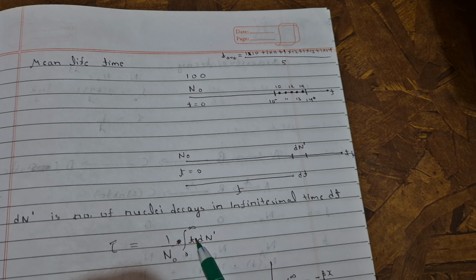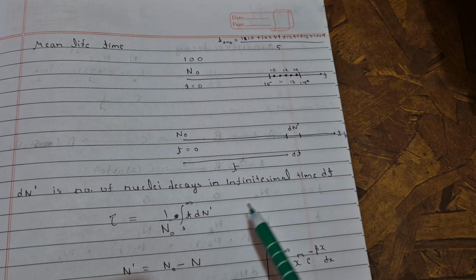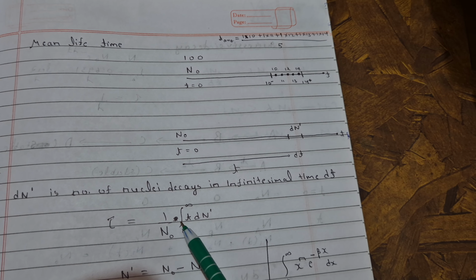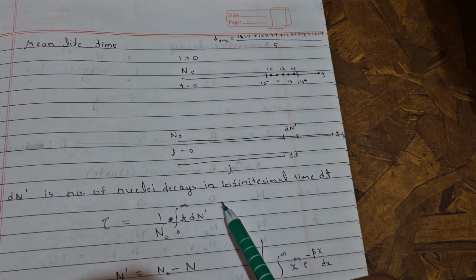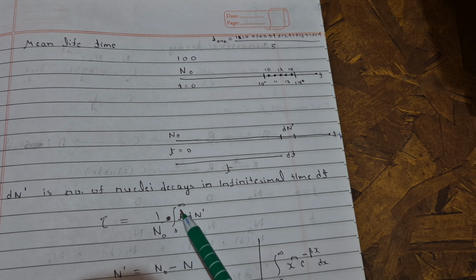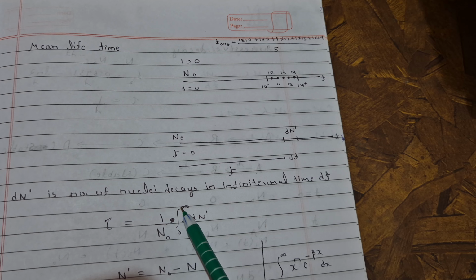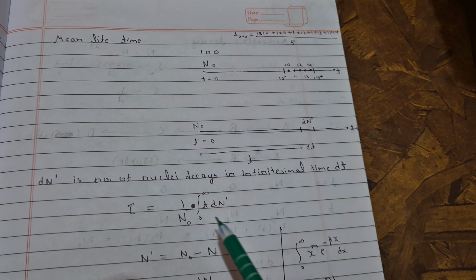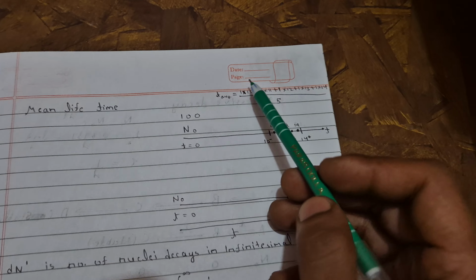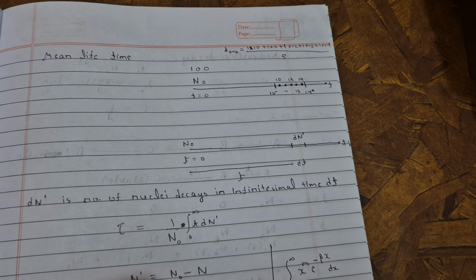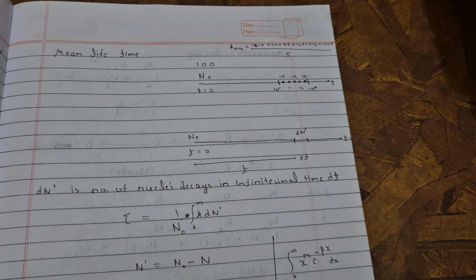We take t from 0 to infinity because at the point when it decreases to 0, there will be no dN', so there is no meaning of this infinity. That's why we have taken the whole time period, in which this will completely decay. So we take this total sum and divide by the total number of particles, that will be N naught. That's how you can find the average lifetime.